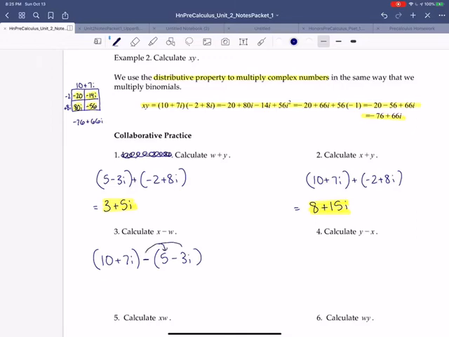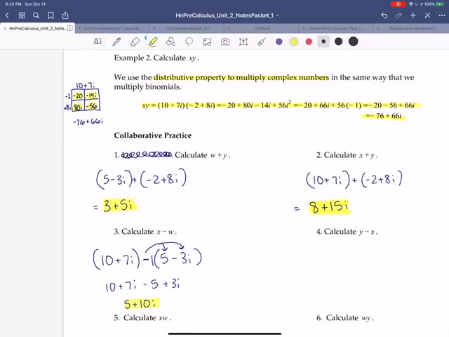So we distribute negative 1 to each of those parts, which gives us 10 plus 7i minus 5 plus 3i. Then I add the real parts to get 5, and I add the imaginary parts to get 10i.